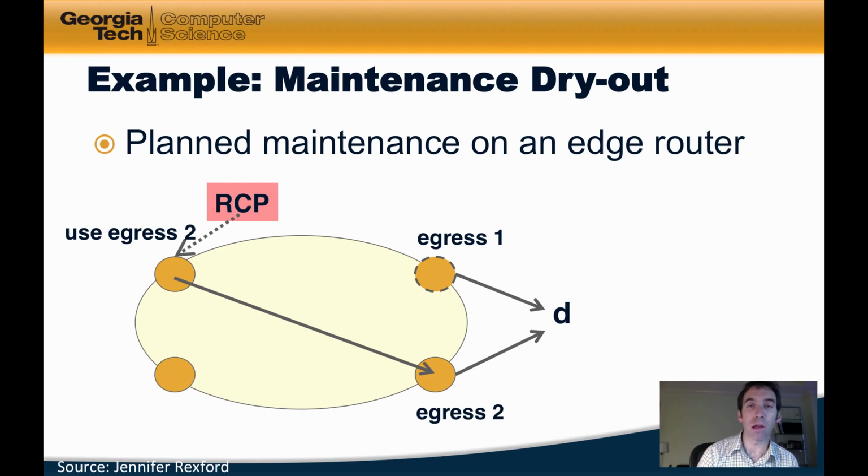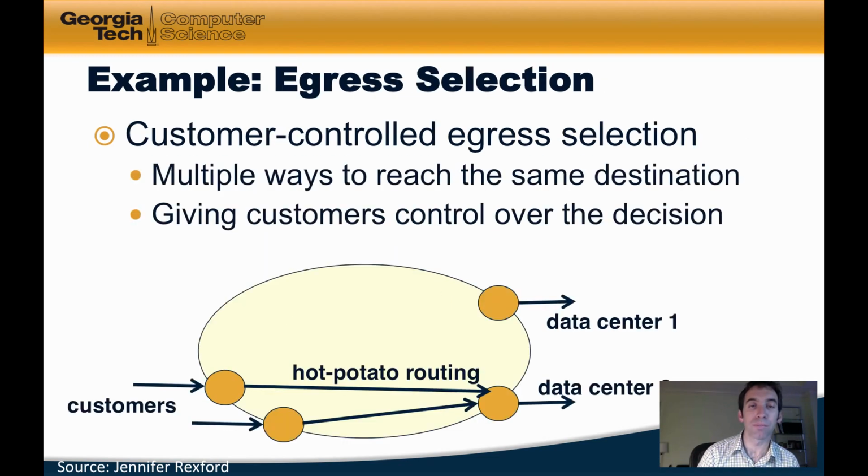This could be done in a lot of ways, most likely in tuning the intra-domain weights, for example the OSPF weights, on each individual router. But that's a very indirect way of doing this. It's much more direct to have a controller directly tell the router which egress point to use.